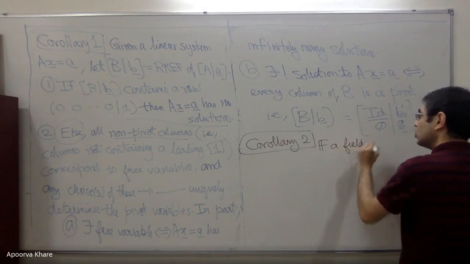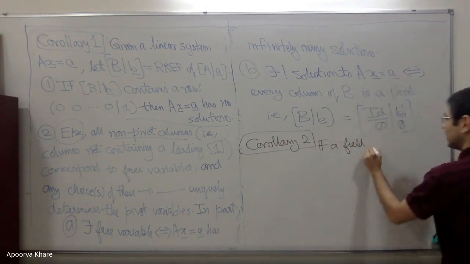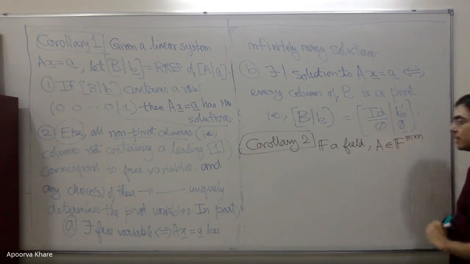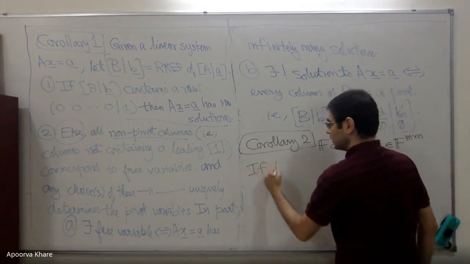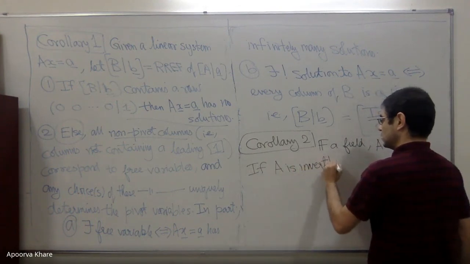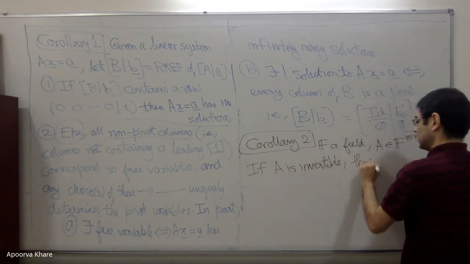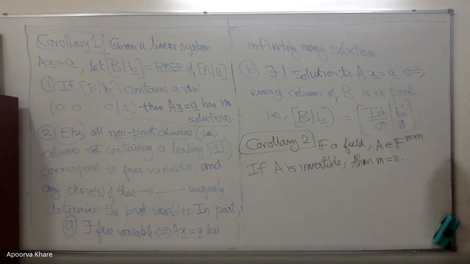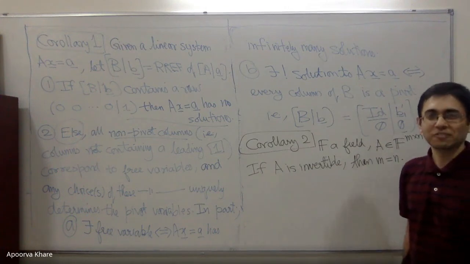This time there is no restriction on the characteristic. And A belongs to F M cross N. If A is invertible, then M equals N. That is the theorem we have to prove.